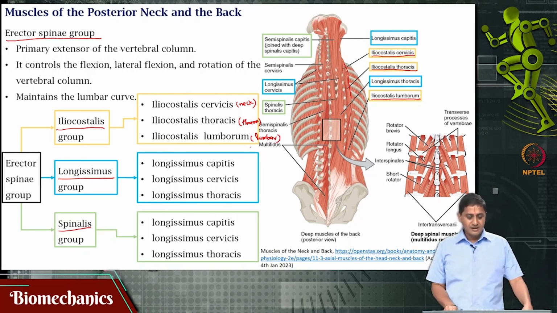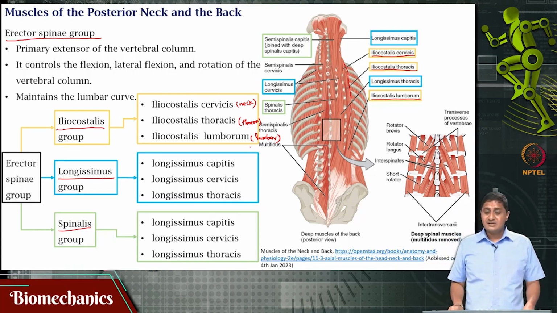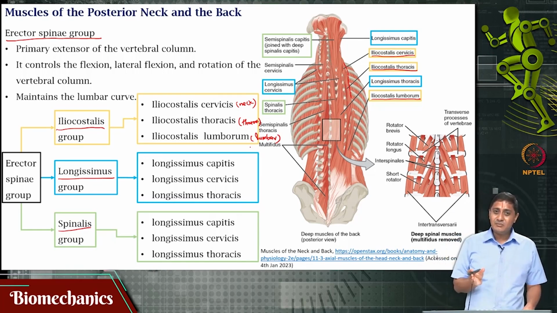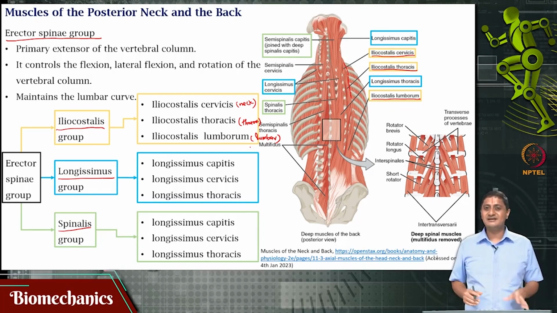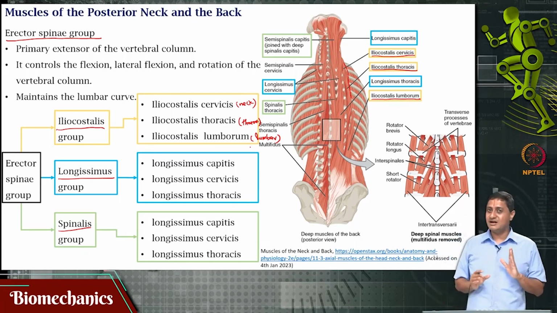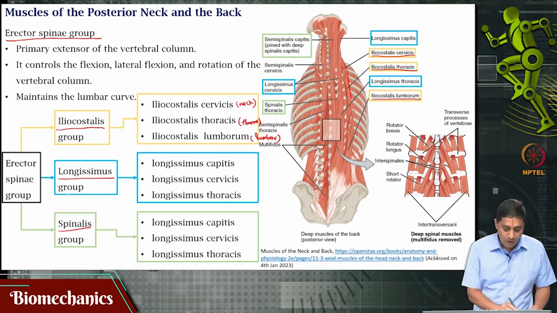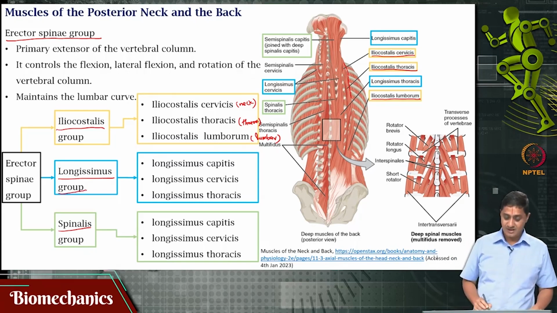Those present slightly more medially, at the intermediate level between most medial and most lateral, are called the longissimus group.